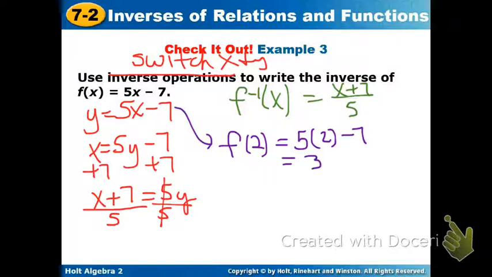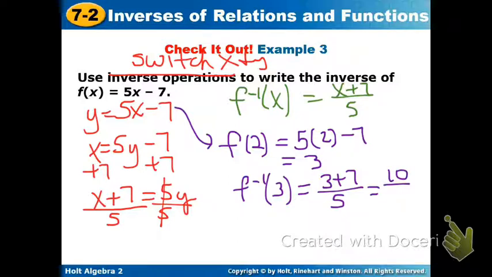Now, what are we going to do with that 3? We're going to put it in the inverse. So we're going to put the 3 into the inverse. So our inverse of x plus 7 over 5 becomes 3 plus 7 over 5. What does 3 plus 7 over 5 equal? 2, right?